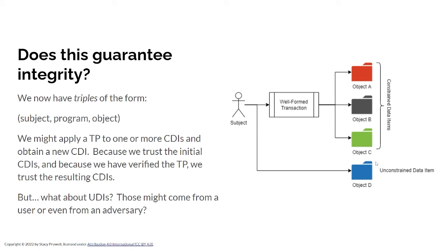But what about unconstrained data items, right? These could come from anywhere. They're unconstrained, right? If I can directly write them, and if a procedure might use them, I might be able to slip something in here that breaks the security model. So if information from these unconstrained data items is going to creep up into the constrained data items, we need to give that some thought.